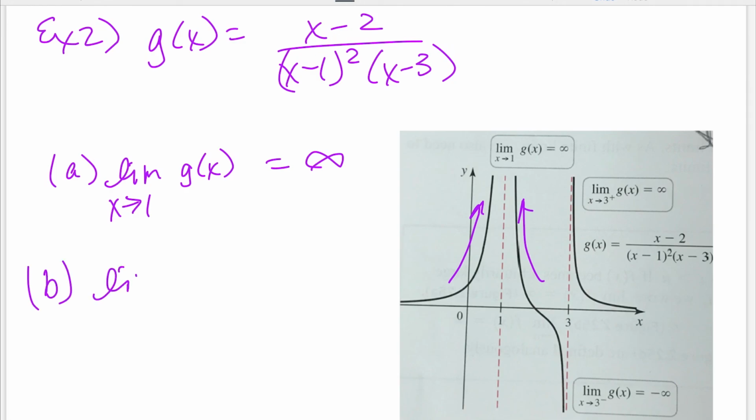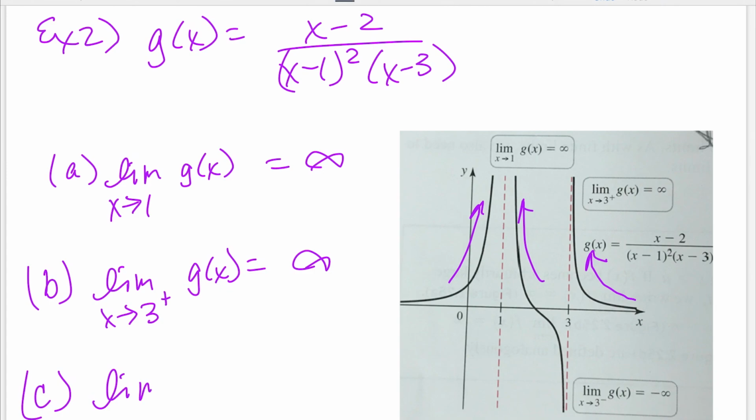Now, what if I have the limit as x approaches 3 from the right? If I'm approaching from the right, what am I going toward? Good, that one's going to infinity. What if I approach from the left? Yeah, negative infinity. Exactly, you guys totally see that, right?